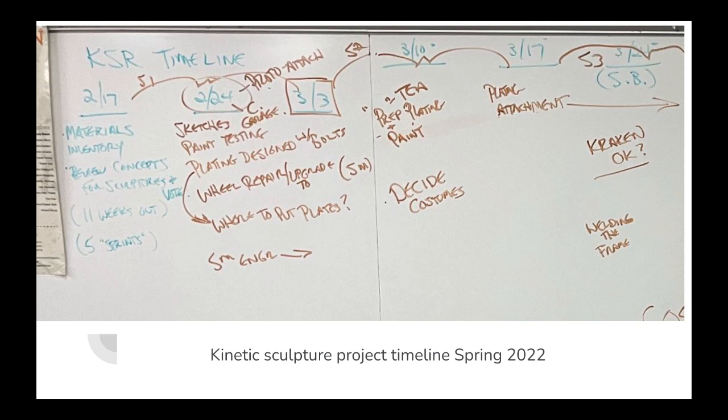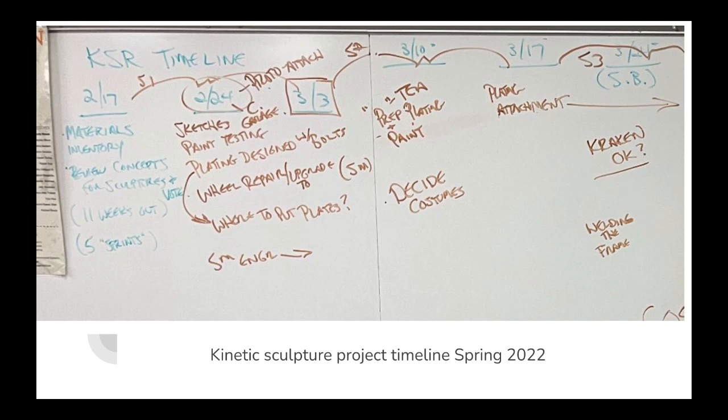That second bullet point says review the concepts for the sculptures. What's the concept we're going for with the Kraken upcycle, which needed a makeover because the theme changes every year for every race? And what's the visual concept of the shark, which went from MC Hammerhead to Robo Shark? We changed the look of it to be more of a steampunk vibe.